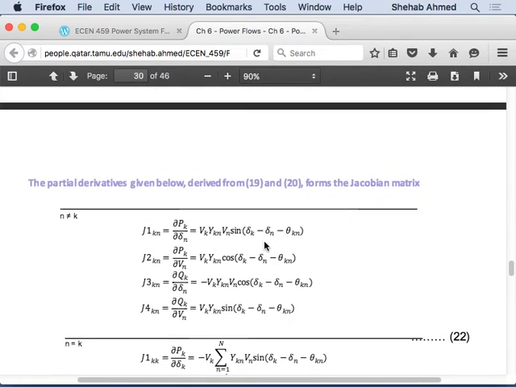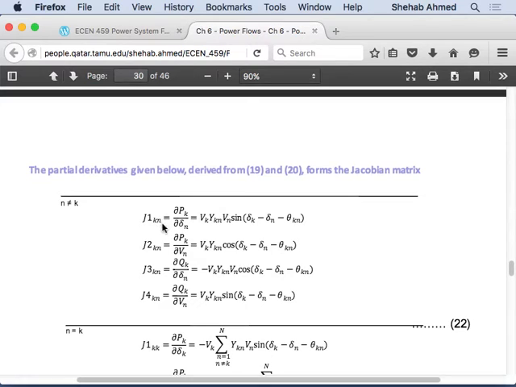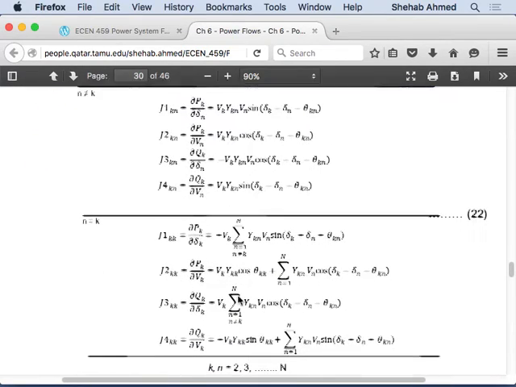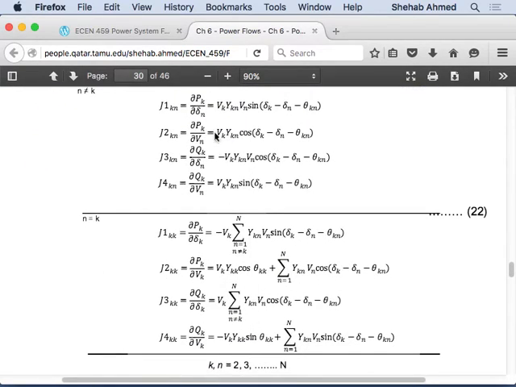So you have two buses. It's the differentiation of power at bus 1 versus angle at bus 1. If I'm doing that, if this is an n equals k equation, then you have to use these bottom ones. If it's an off diagonal, you can use these top ones. Okay?